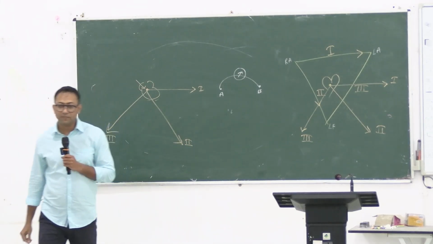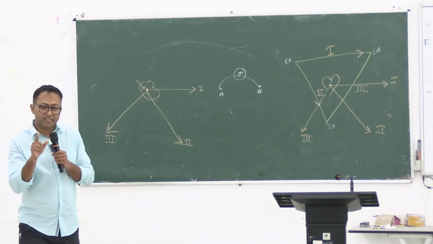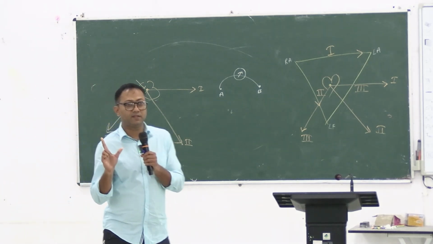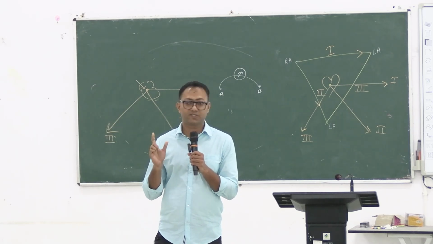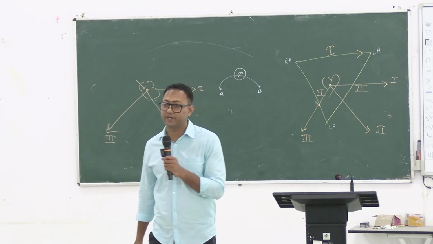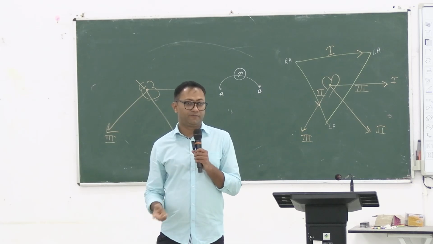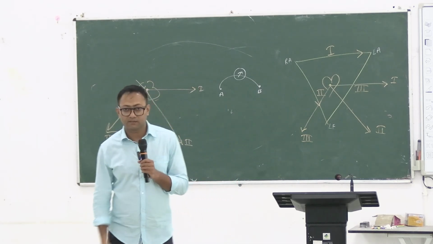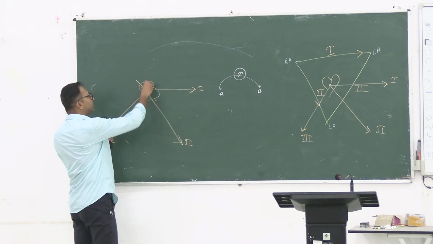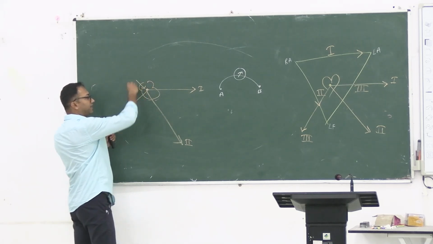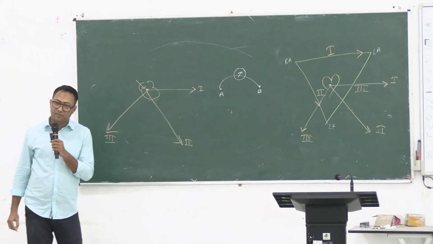Okay. Now atrial depolarization के लिए कौन सा ECG wave होता है? Which ECG wave is due to atrial depolarization vector? P wave, P, right? So this is the reason for P wave, atrial depolarization vector, correct?